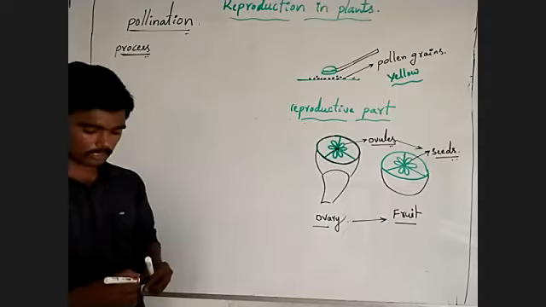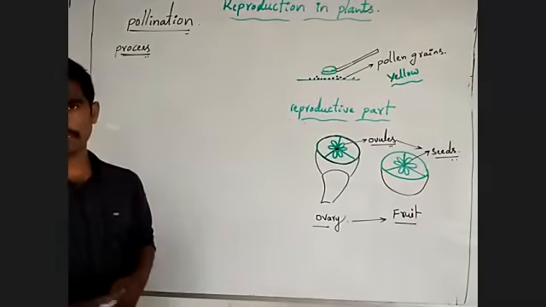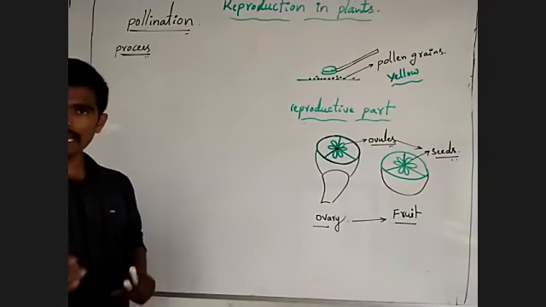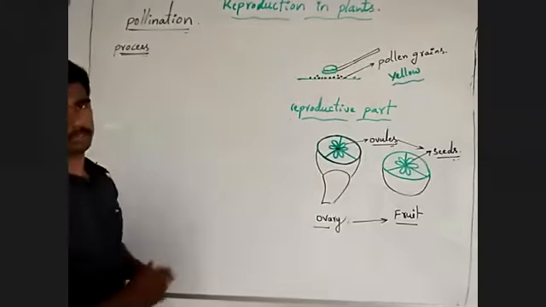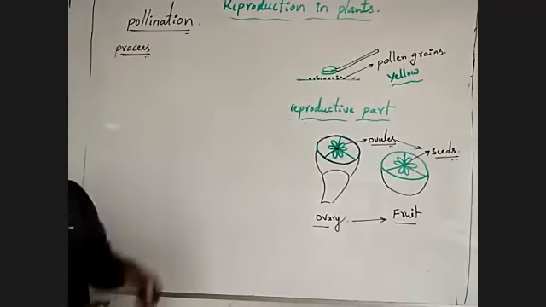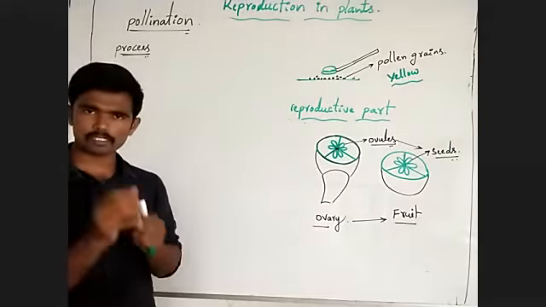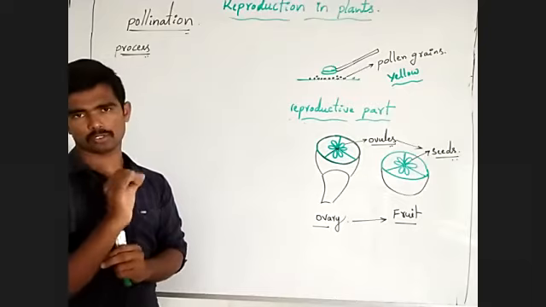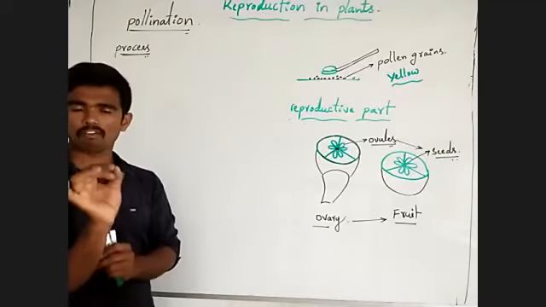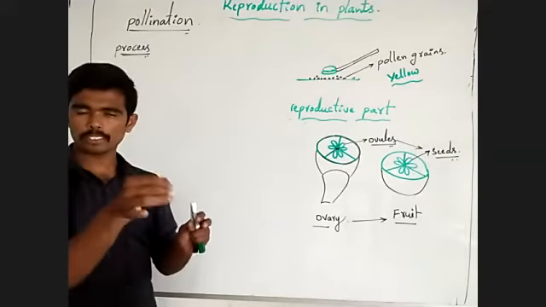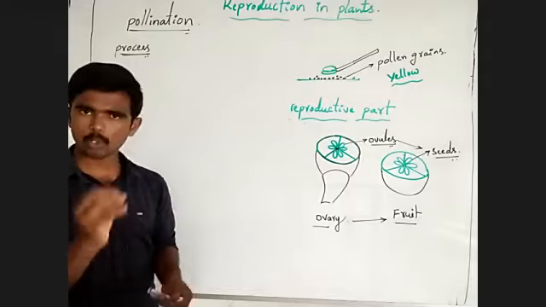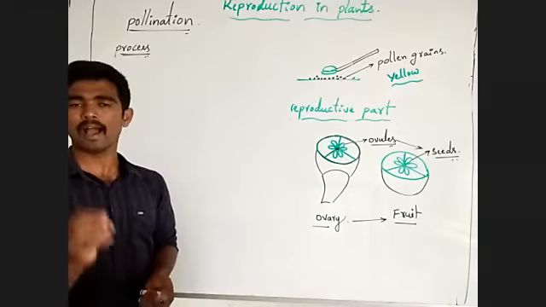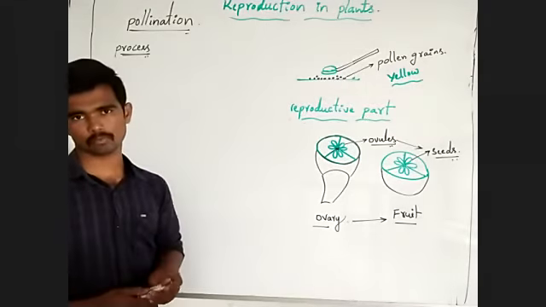Means pollen grains should transfer from anther to stigma. Then only reproduction occurs in plants.